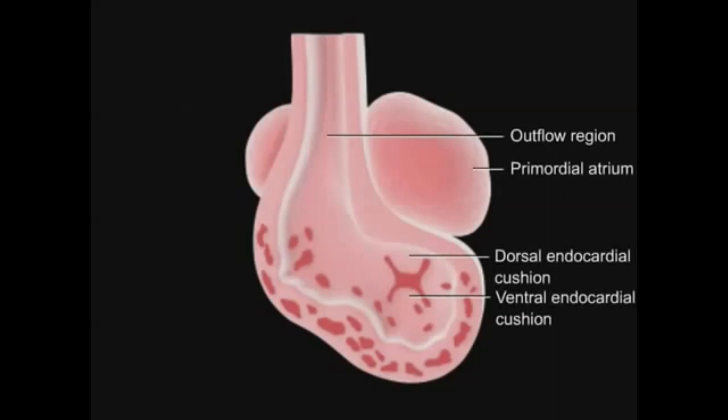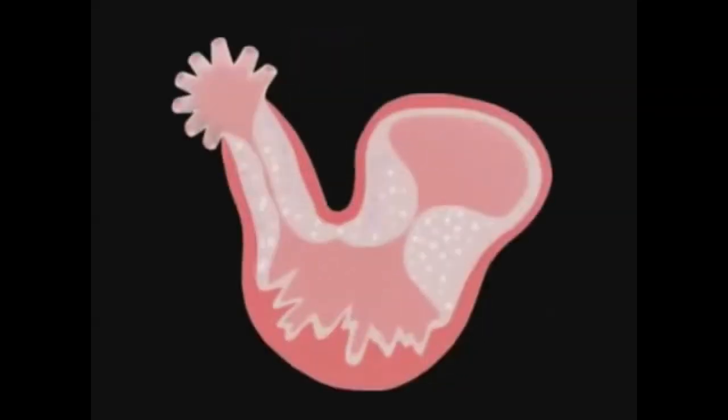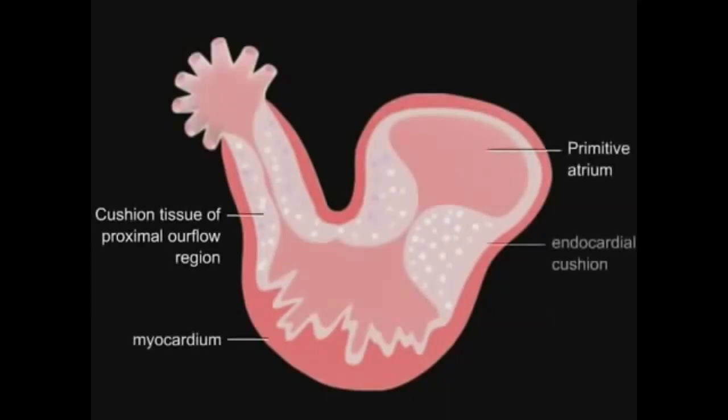Again, let's designate all the structures and try to see this square with magnification. So we can find that migrating cells form so-named cushions. These cushions are doubled.